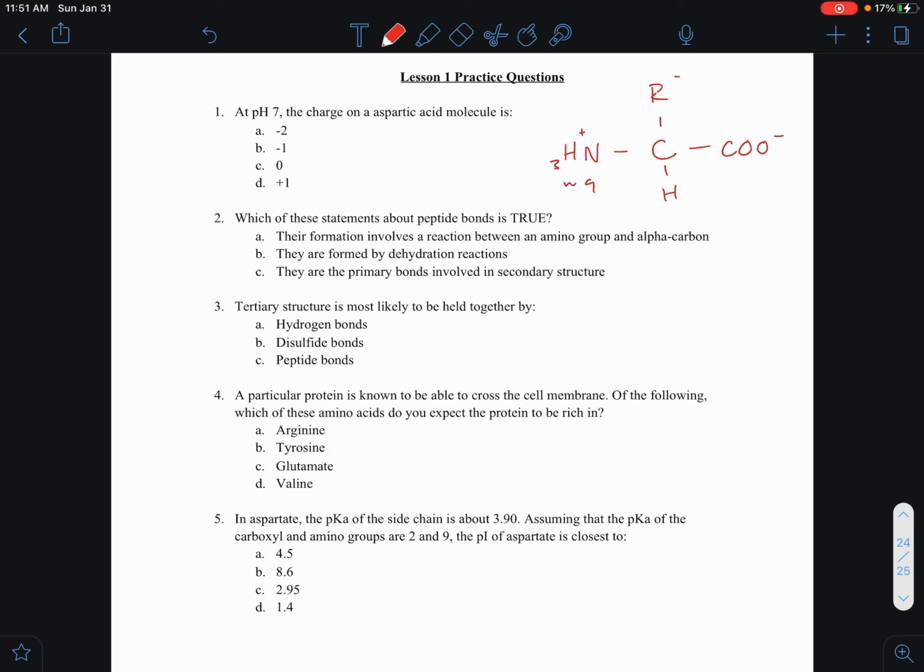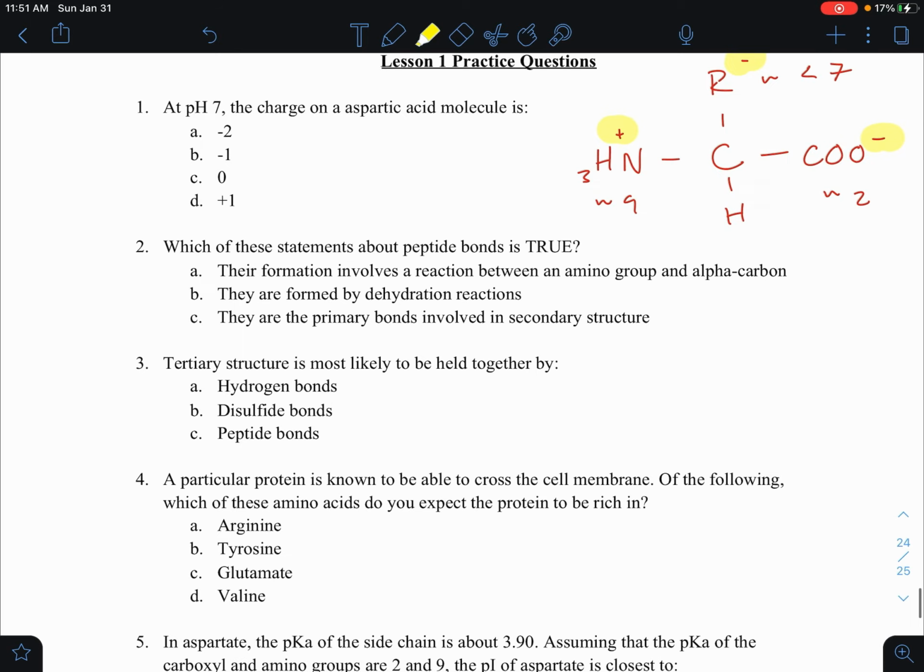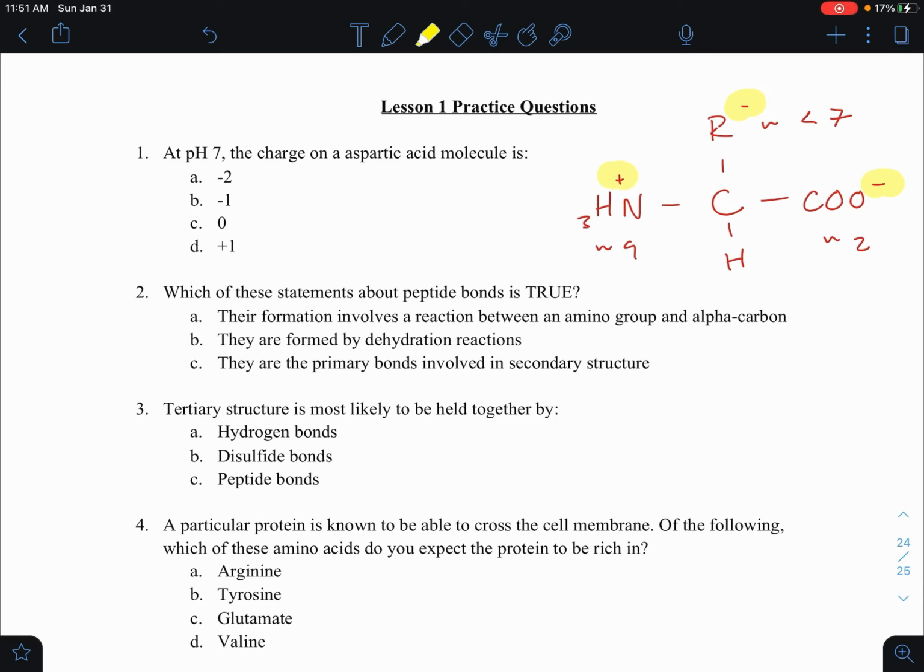And we know this is 9, and we know this is 2. But you can assume that this is probably less than 7. So at this point, you see, okay, I have 2 negative charges and a positive charge. So 2 negative charges and a positive charge must mean that this aspartic acid molecule carries a -1 charge.